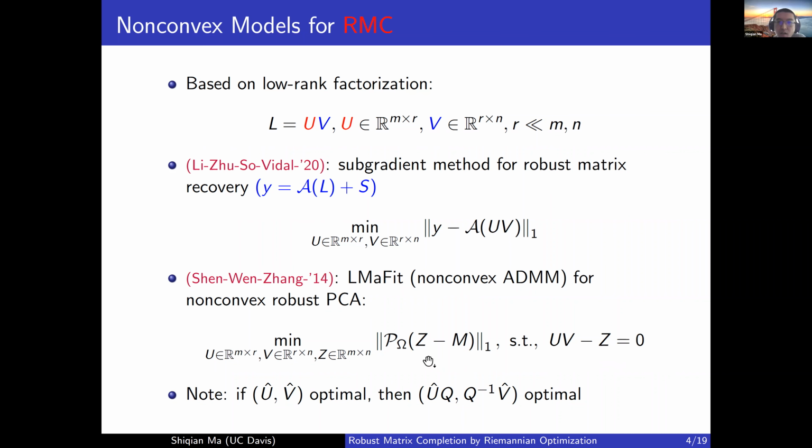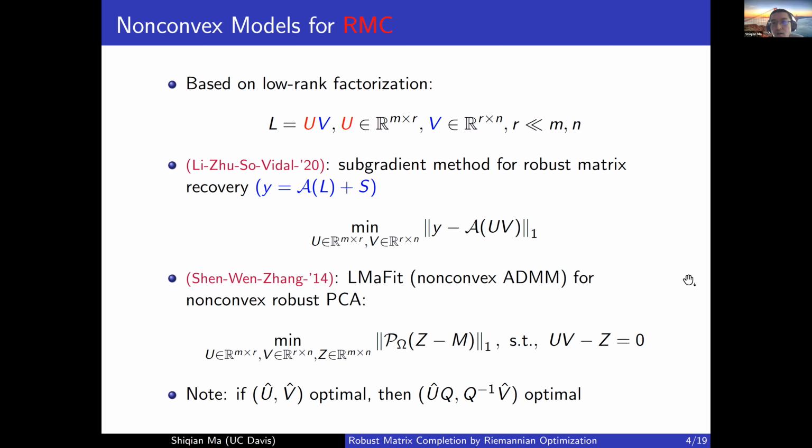U times V. And then for this part, Z minus M, that will be the sparse part. And then I minimize the L1 norm of this sparse matrix. Okay. So the authors in this work propose this L method algorithm, which is actually a non-convex ADMM algorithm for solving this problem. Okay.